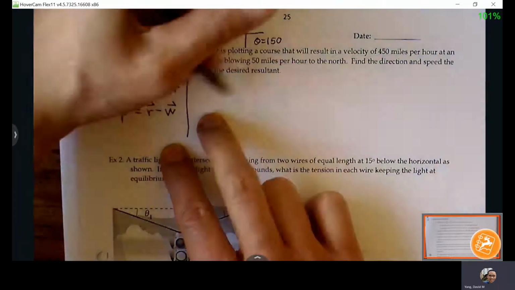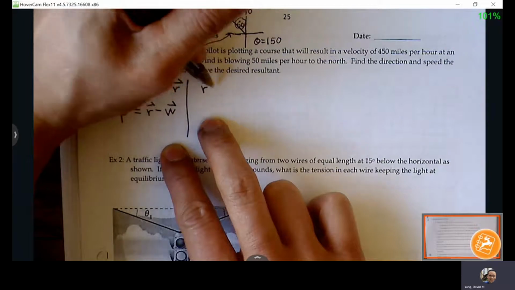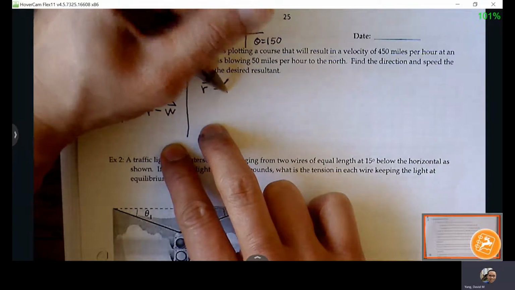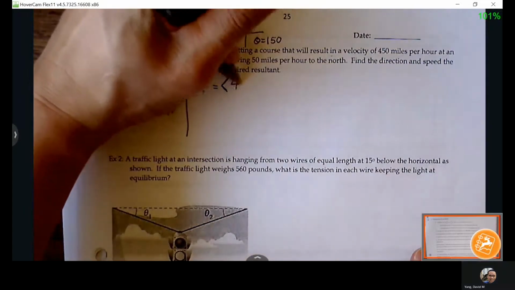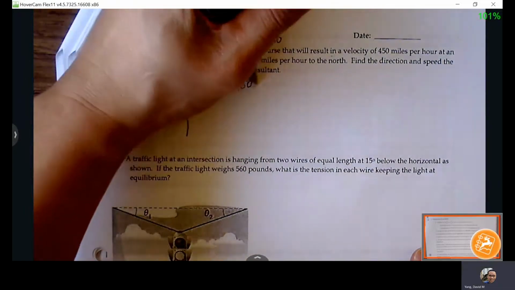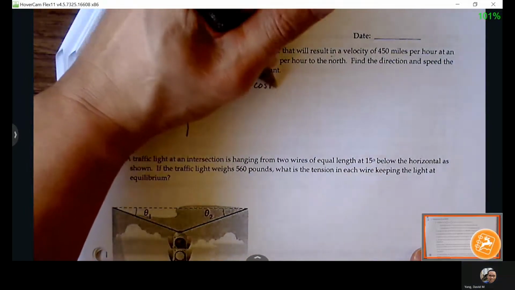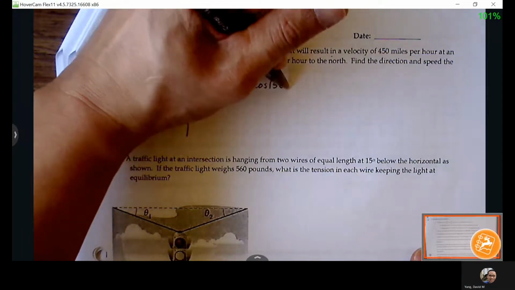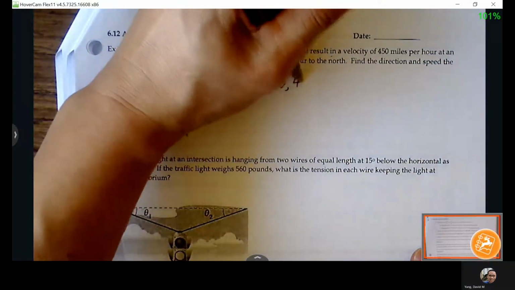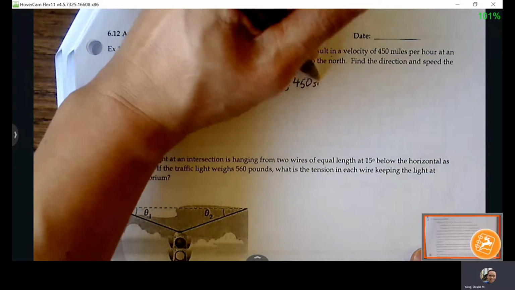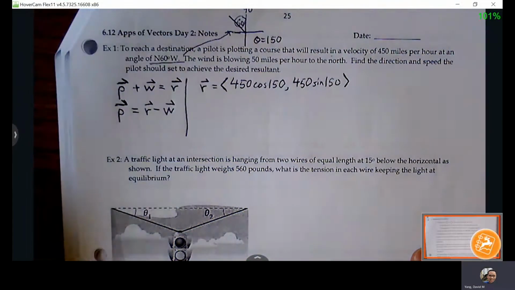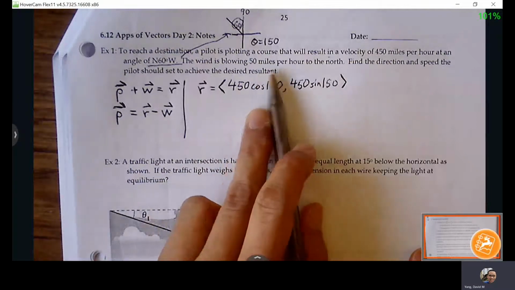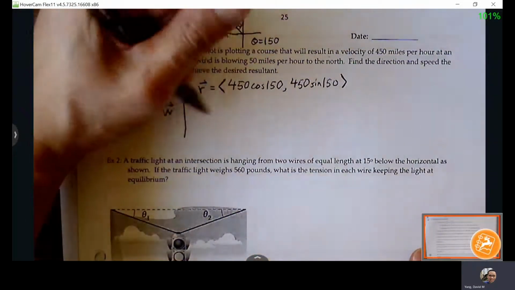Okay, so here is the resultant vector. Okay, the wind is blowing 50 miles per hour to the north. That's an easy one to create.